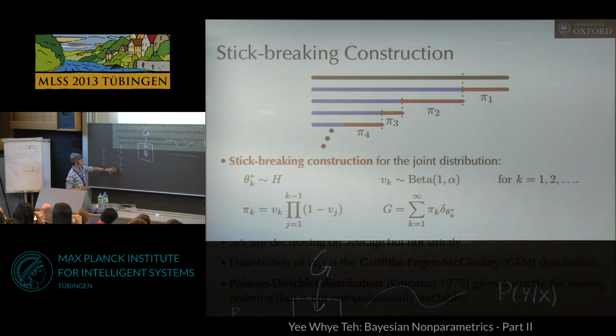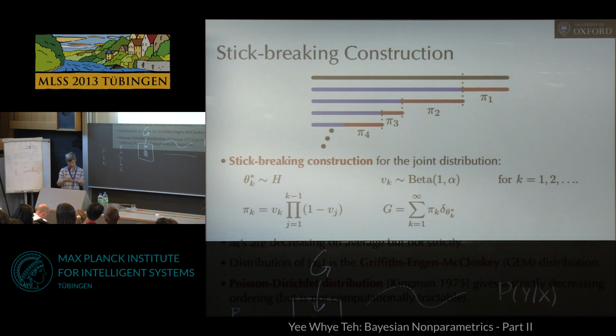The way it captures it is that if you think about the generative process, the first word, the first customer, is going to sit at some table. The table corresponds to a draw from the base distribution, which is P. So the first word is drawn according to P. The second word you observe could take on the same value as the previous word, or a new value drawn from P. That's described by the Chinese restaurant process.